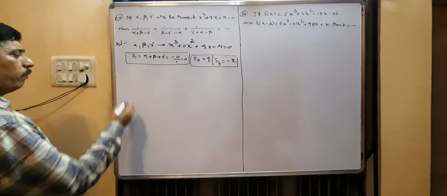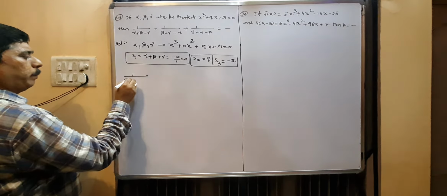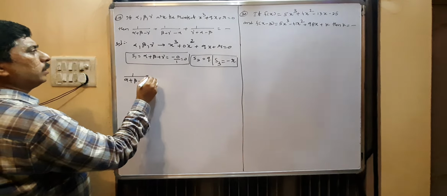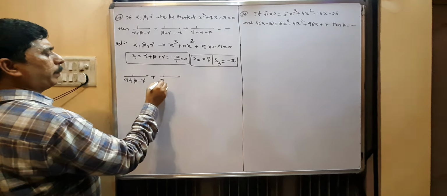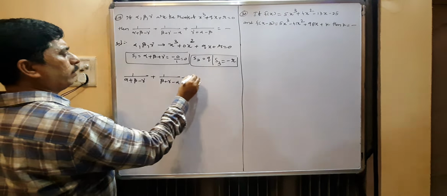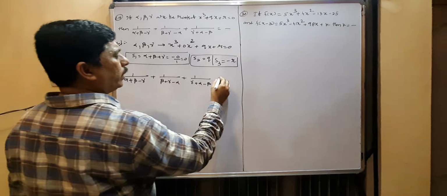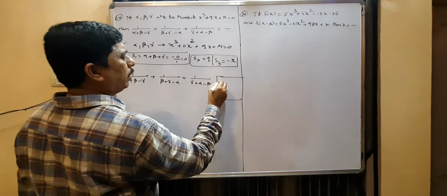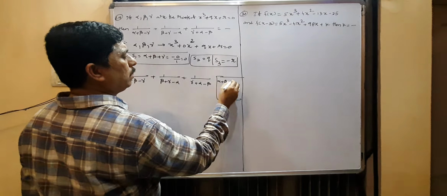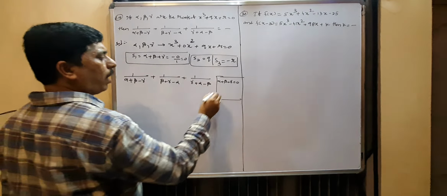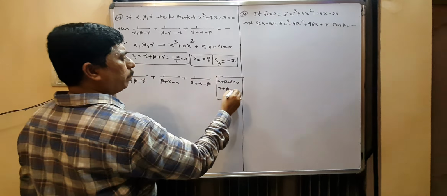They ask us to find 1 by alpha plus beta minus gamma, plus 1 by beta plus gamma minus alpha, plus 1 by gamma plus alpha minus beta. They have given alpha plus beta plus gamma is 0. From that, alpha plus beta is minus gamma.